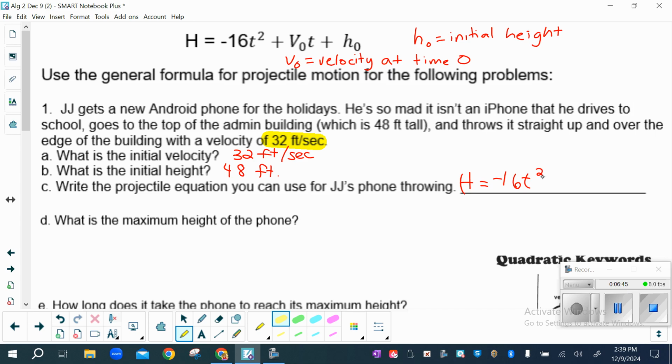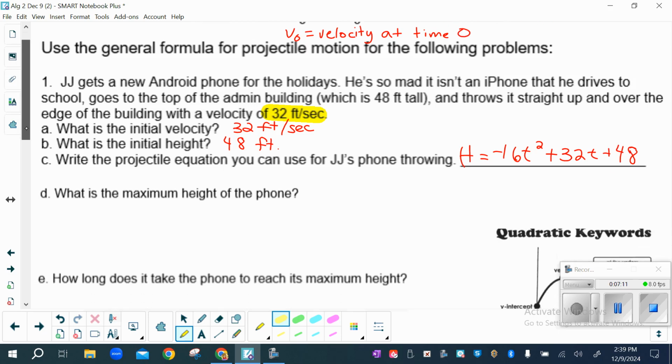Okay, so we want to put our velocity in here, where the v is. So this would be plus 32t. And then we want to put our initial height where the h sub 0 is, so that would be plus 48. Does that make sense? Yes.